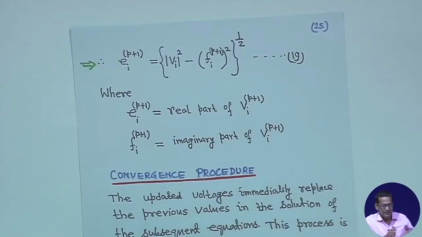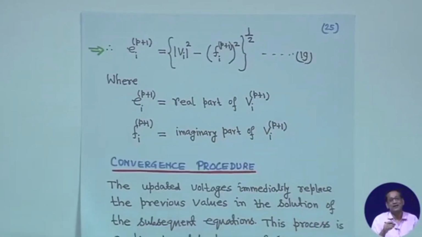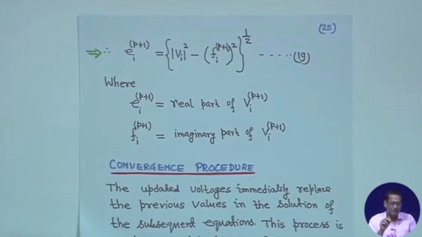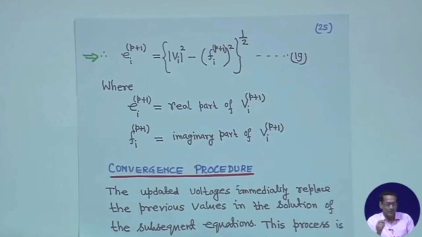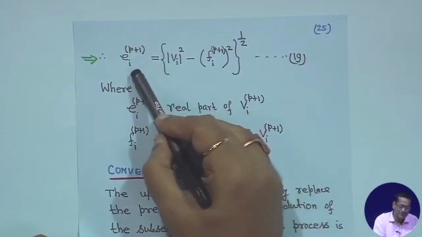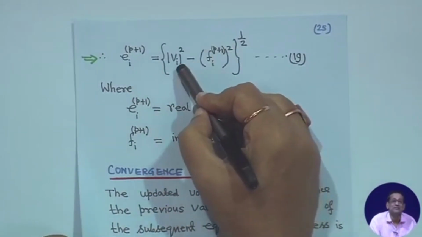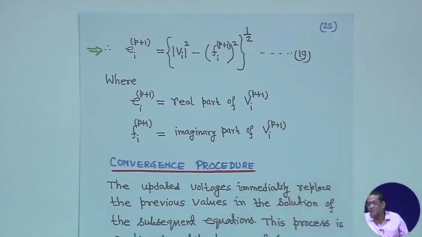This will be clear when I solve the numerical. In the general way we find V2, but that is not the exact V2, because we have to maintain the voltage magnitude. So the imaginary part is retained and the real part of the voltage is computed using this equation, such that the magnitude remains constant. This is the idea for the PV buses.